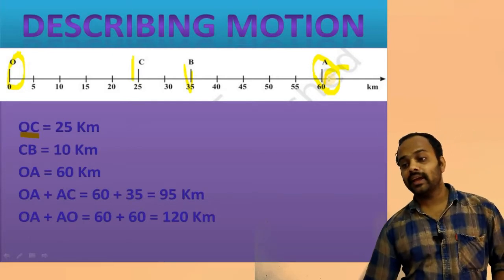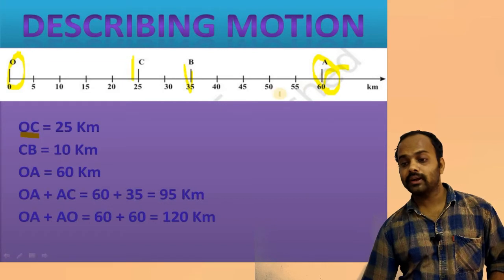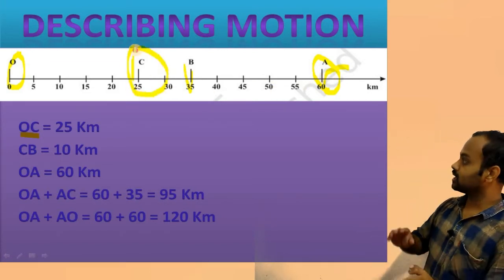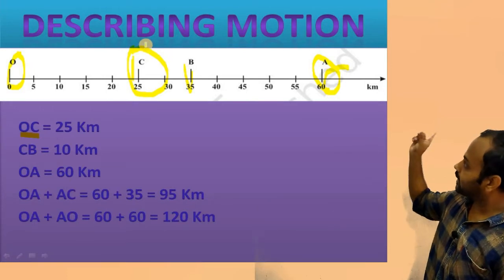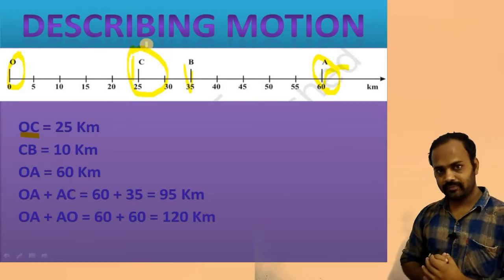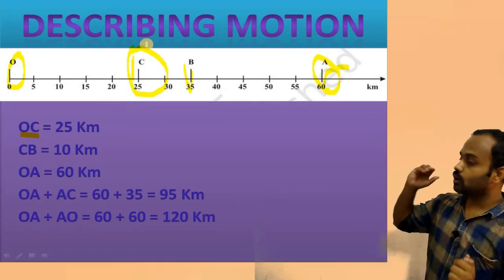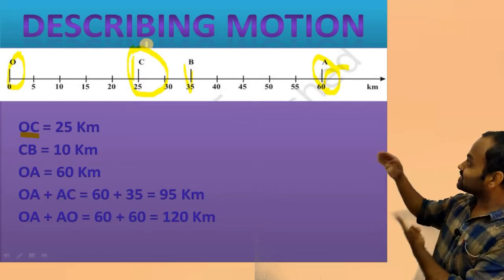Then from A you come back to C. You go O to A and A to C. What is the total distance then? That is OA plus AC.